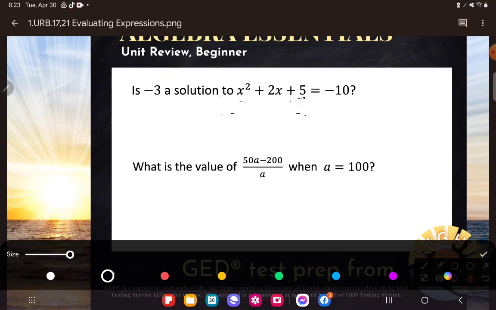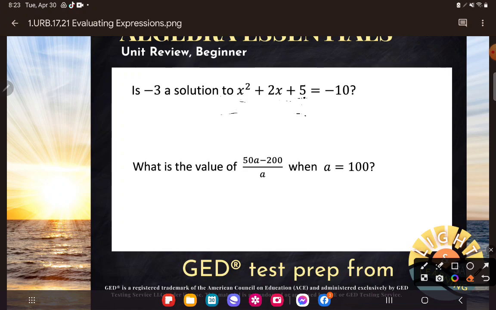So here's how I'm actually going to write it. I'm going to put the -3 in parentheses, and then I'll put the square on the outside of the parentheses. And then I'll just keep copying my expression, plus 2, and that 2 is shoved up next to an x.